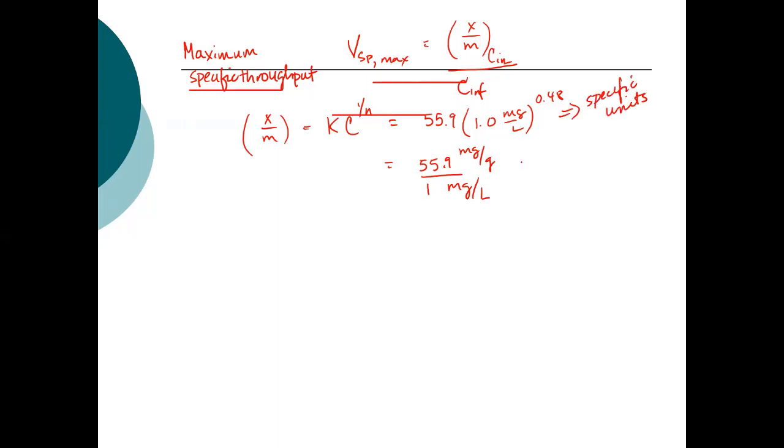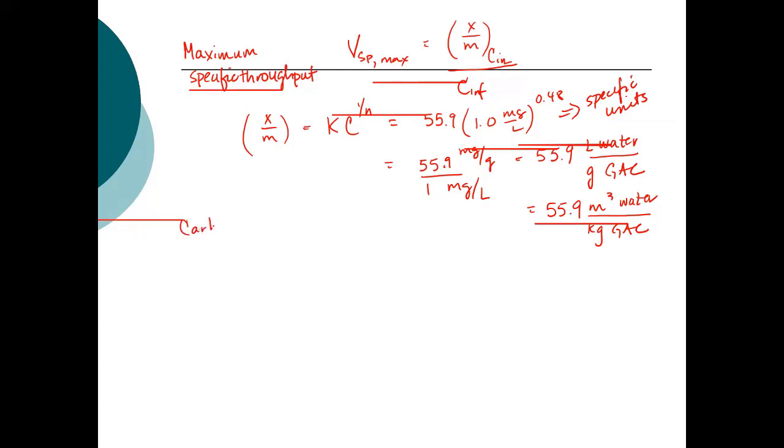And this then says that we can treat 55.9 liters of water per gram of GAC. So that's what we can treat, or 55.9 meters cubed of water per kilogram of GAC.